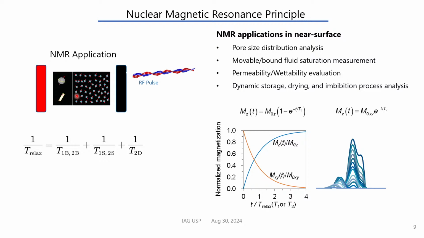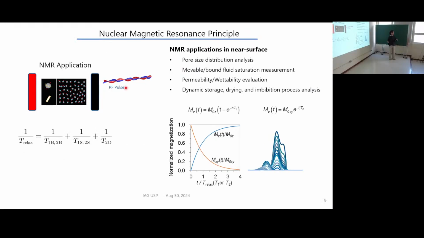This magnetic field is called the background magnetic field B0. As I introduced, in the lab you probably have 12 megahertz or 2 megahertz, in the borehole NMR you have about 450 kilohertz, and in the surface NMR you have much less magnetic field. Then when the experiment starts, you need an external radio frequency magnetic field pulse to excite the protons within your sample.